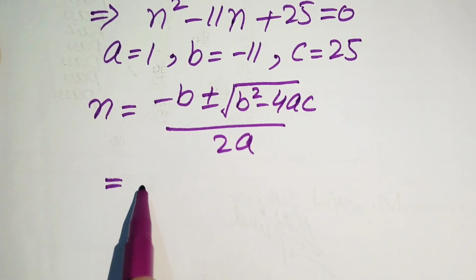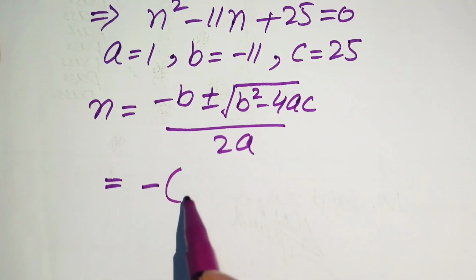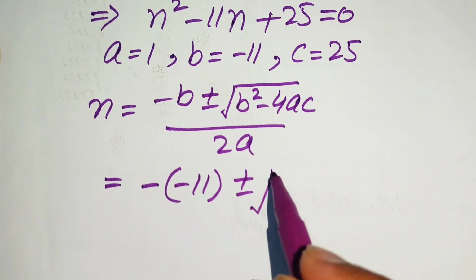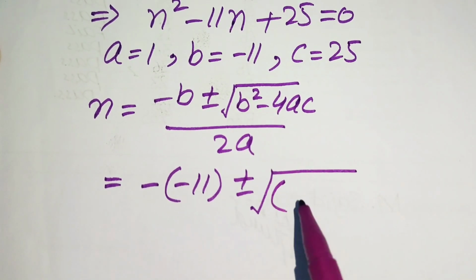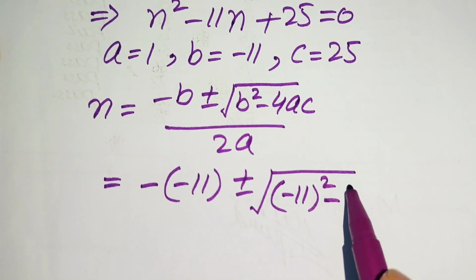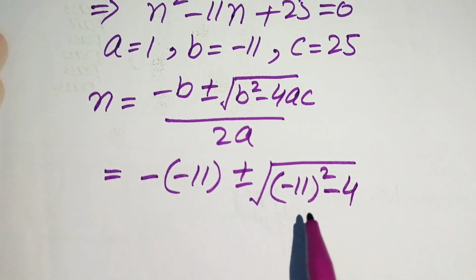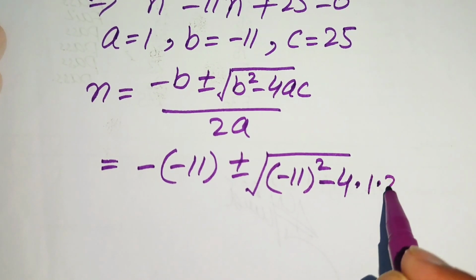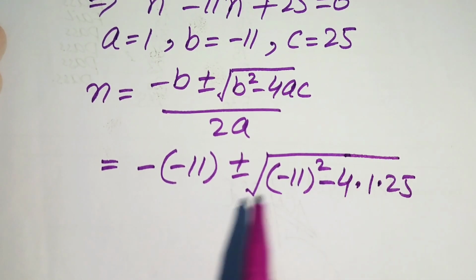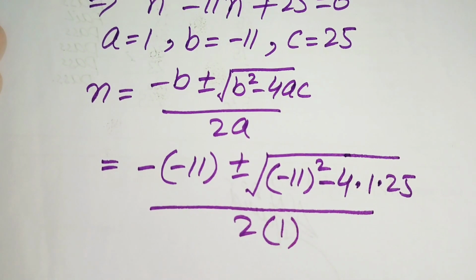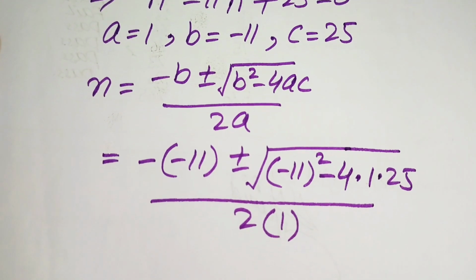So this is our quadratic formula, and now we substitute the values of a, b and c here. First we put the value of b, and the value of b is minus 11 plus minus square root of b square, so b is minus 11 square minus 4 times of a, so our a is 1 and c is 25, and this whole is divided by 2 times of a, and our a is 1.